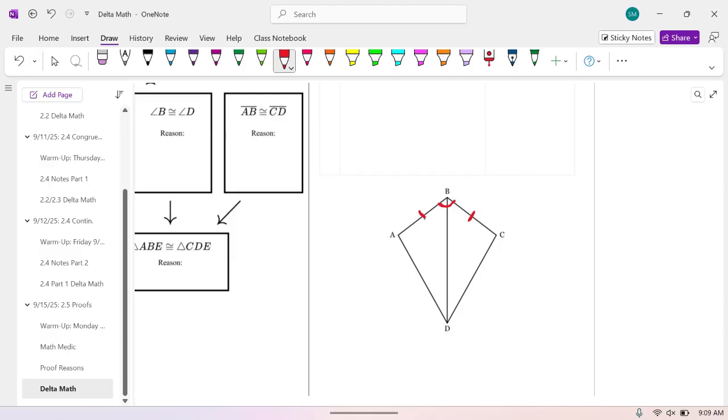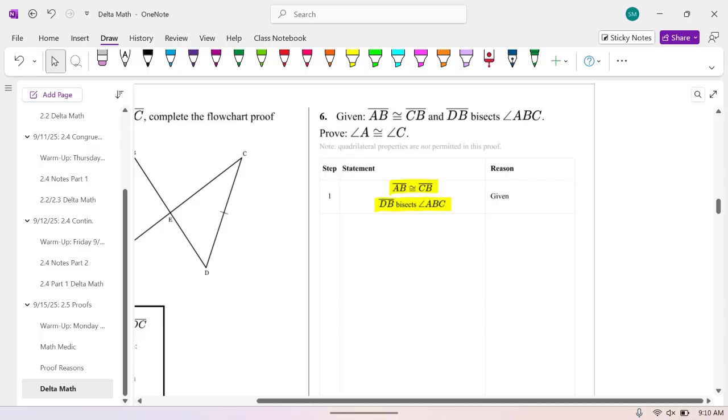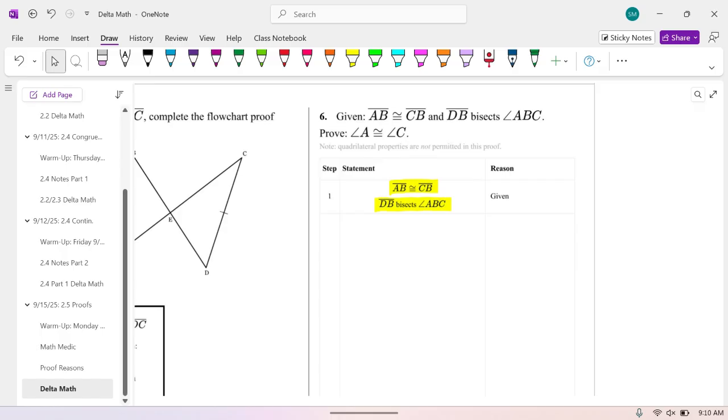Now, what do you think the next statement I can make is? My recommendation when you're doing these is think about what one of your given statements is and see if you can make a statement based off of that given statement.